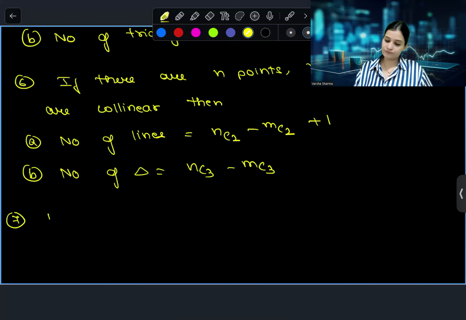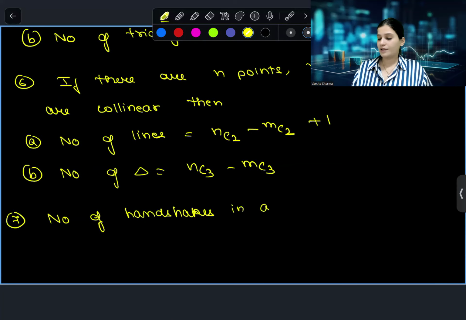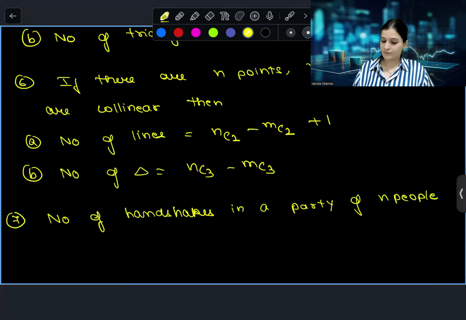Seventh. Number of handshakes in a party of n people will be NC2. Number of hugs, same NC2.